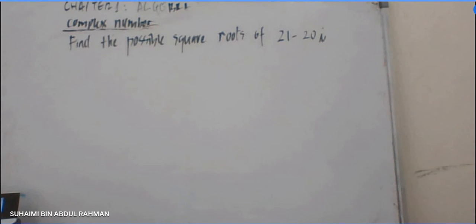I'll find what is the possible square root of 21 minus 20i.